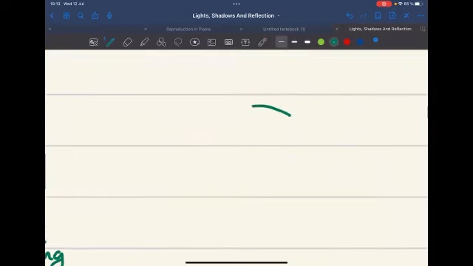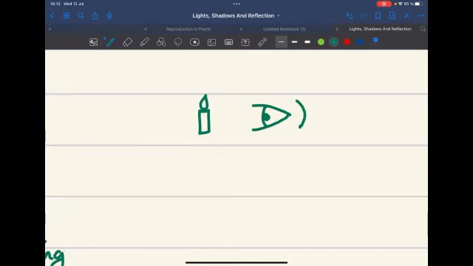Similarly, when you are seeing an object, you're able to see it because there is a screen behind your eyes. This screen enables you to see. If this screen is damaged, you will become blind. The pinhole camera is a perfect example of how an eye works.